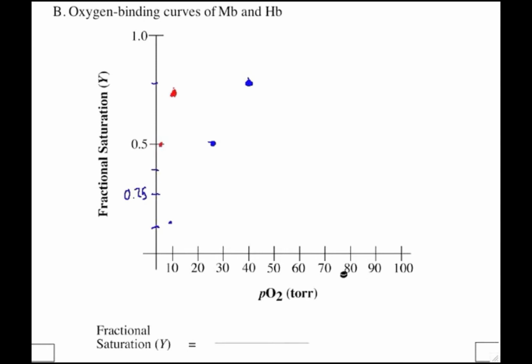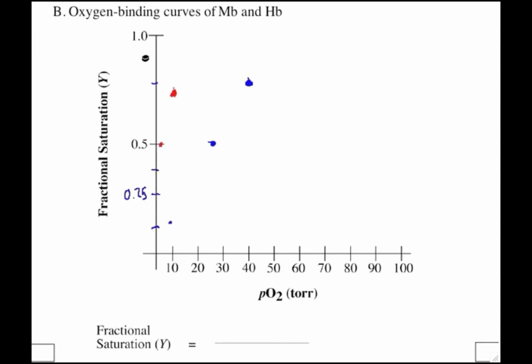And if you keep on coming down, you might think of environments where that continues to be true. For example, at the level of your tissues, the partial pressure of oxygen is around 40. So a changing environment is going to affect whether or not the myoglobin and hemoglobin are in their oxygenated forms or in their deoxygenated forms.